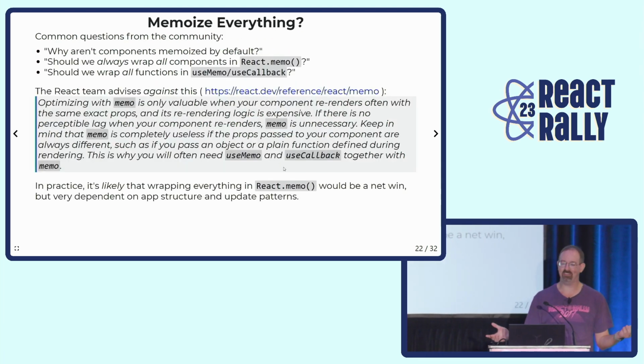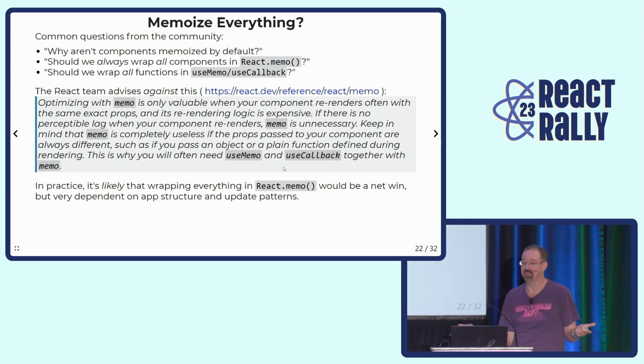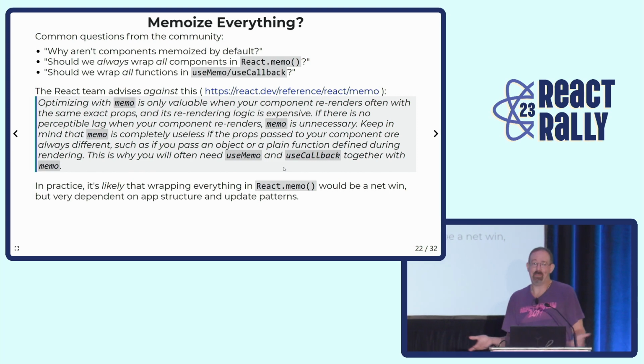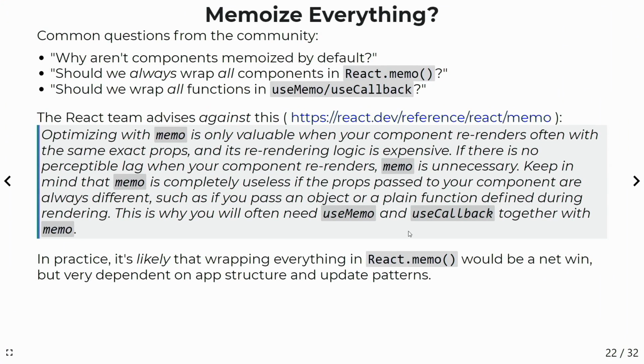So then this brings up the question: number one, why doesn't React just automatically memoize everything by default? Should we wrap every single component in our code base in react.memo? Should we wrap every single function in our code base in useCallback? And the React team has advised against this. React is generally fast enough out of the box in most cases, and there is a cost, however small, to doing the comparisons in react.memo and useCallback.